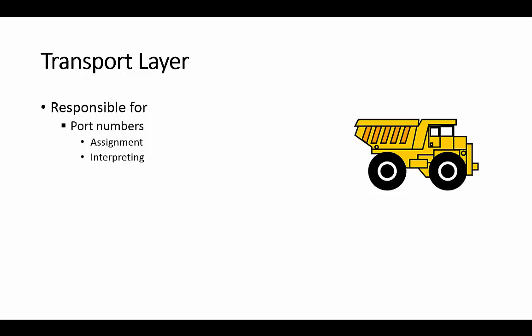And once the message arrives at the host, the transport layer assigns the message, based on the port number, to a particular application. If you're on the receiving side, of course, the transport layer is responsible for interpreting the port number so that it can send the message to the right application.